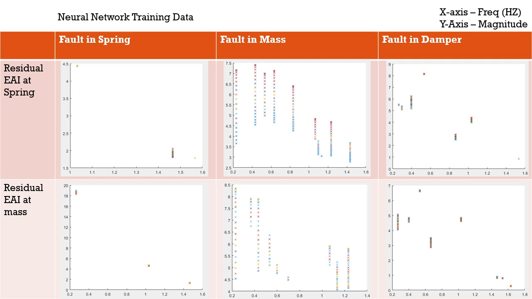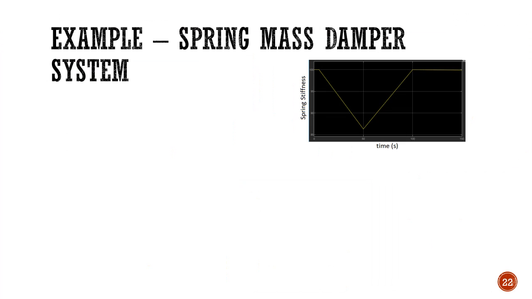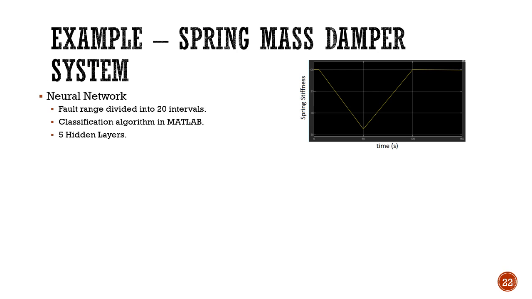This signature can be used by classification algorithms for proper fault isolation. The spring stiffness undergoes a change in component value, that is a fault, and thereafter a maintenance action is performed to revive the component value back to its original form.